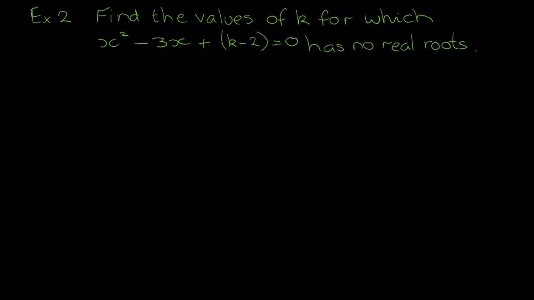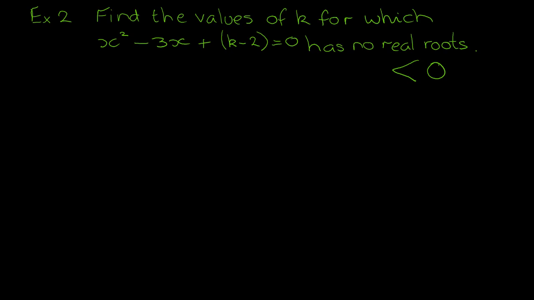So here's a more typical exam-like question. Here we're being asked to work out the values of k for which this quadratic equation has no real roots. So we need to know what that condition is. So if it's got no real roots, then it must be less than 0, remember.